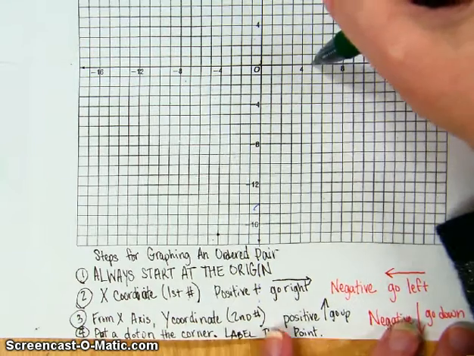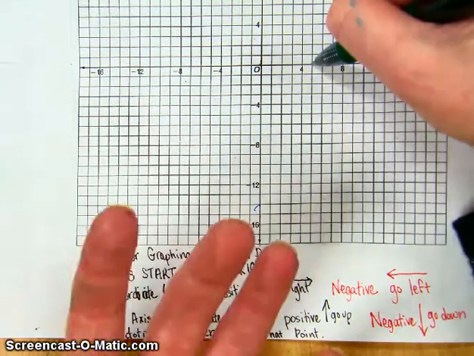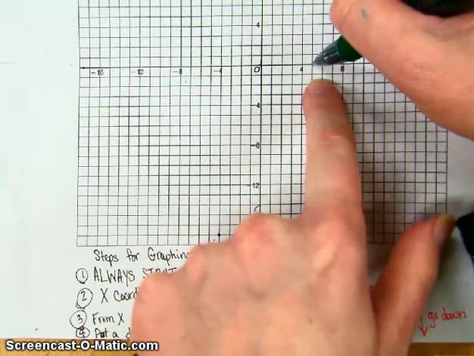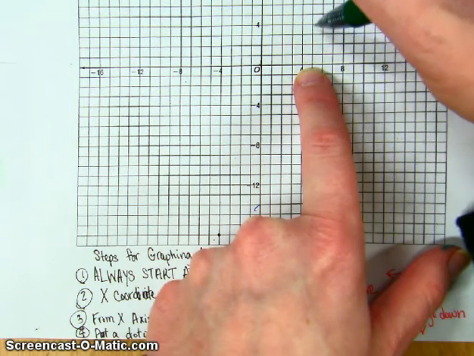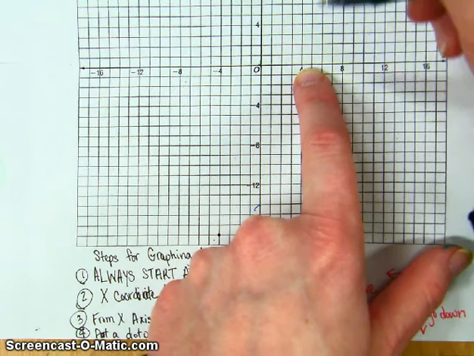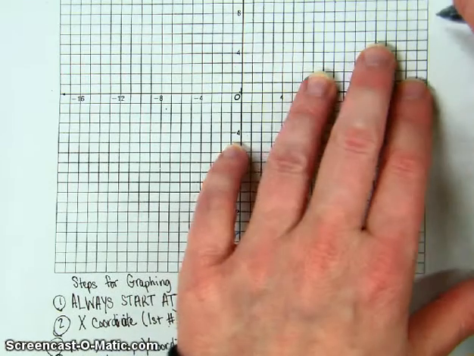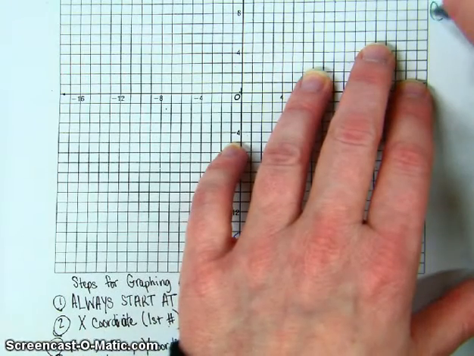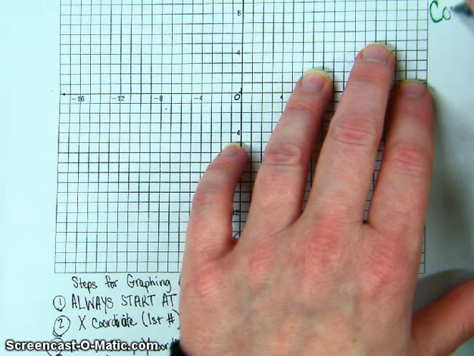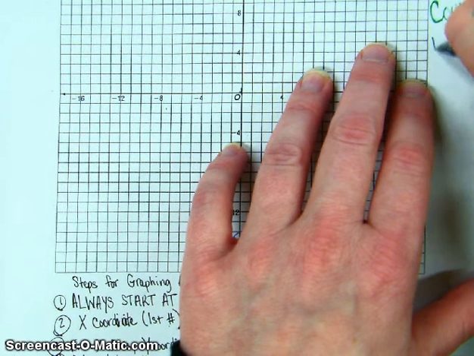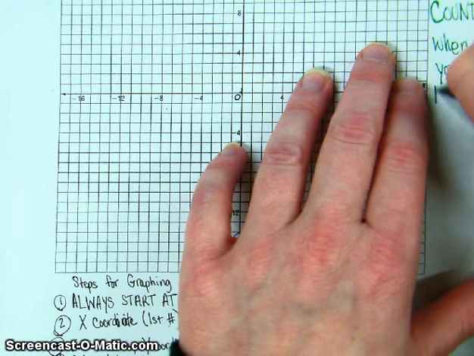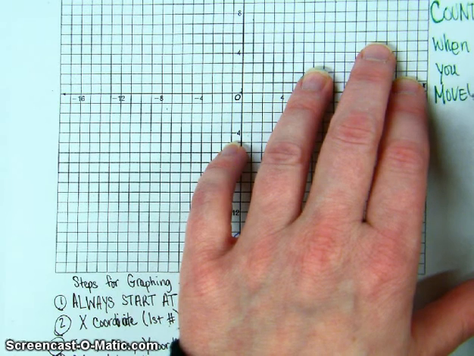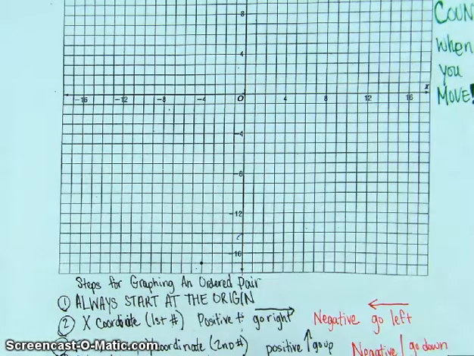If you're stuck here on the x-axis and you're ready for your y-coordinate, you're on 0 for the y until you move, and that's when you count 1, 2, 3, 4. So the key thing here is count when you move. You're at 0 until you've made a move.